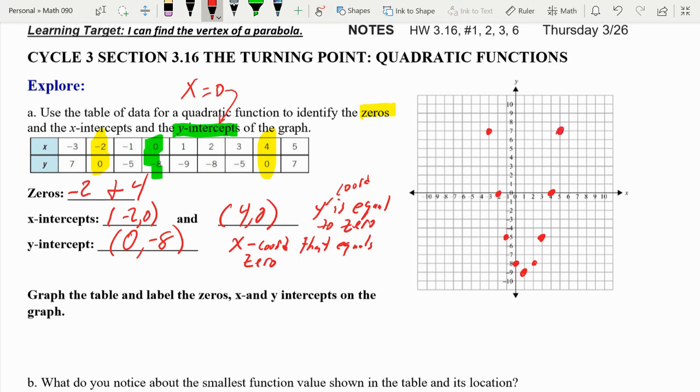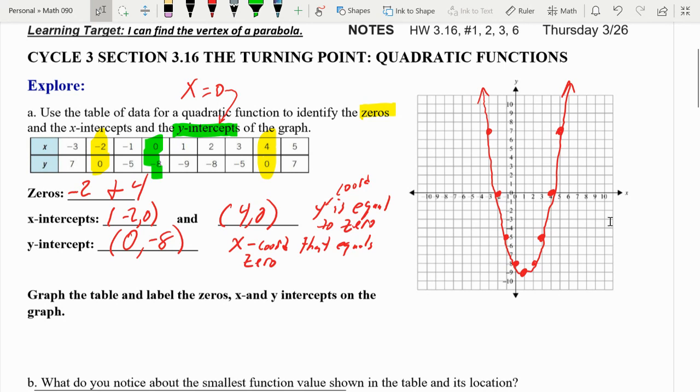You guys can do a way better job. I told you guys it's hard drawing on this thing. All right, there is our graph.